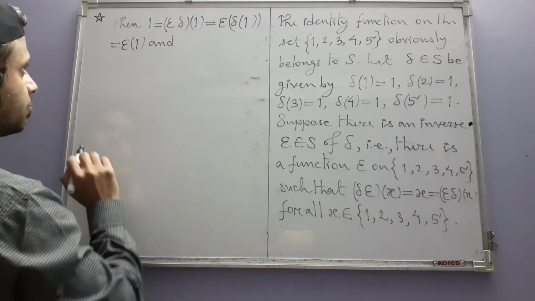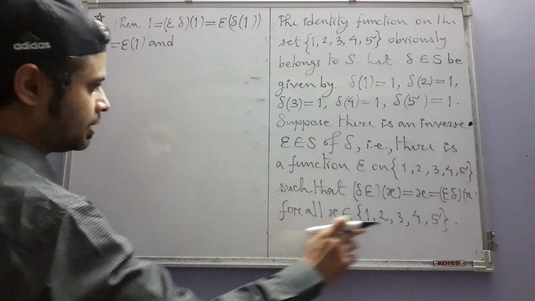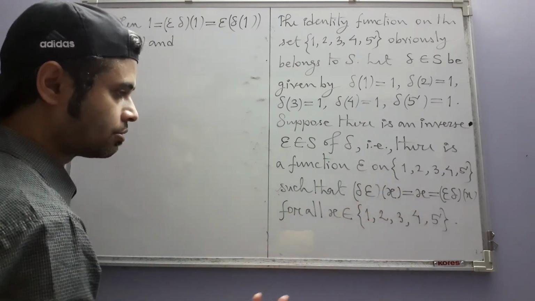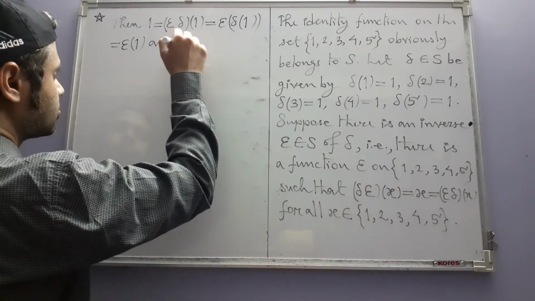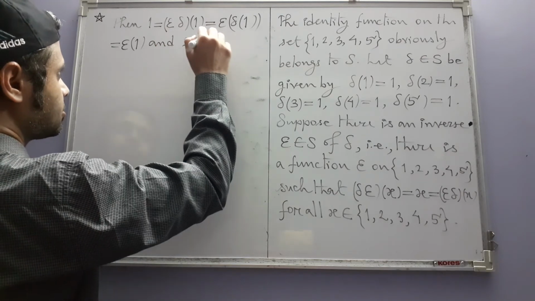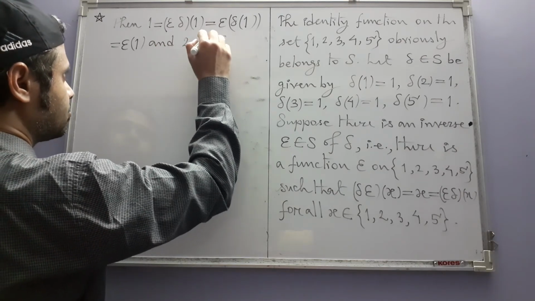And at the same time, if you take x equal to 2, that is also equal to epsilon of delta of 2.